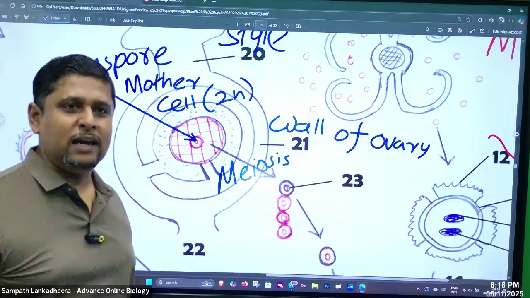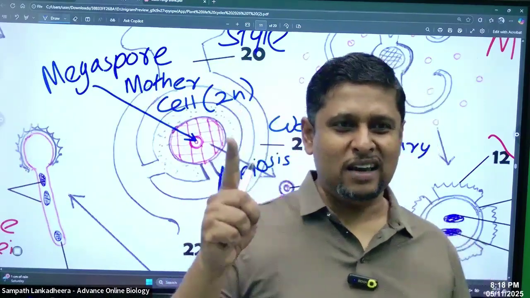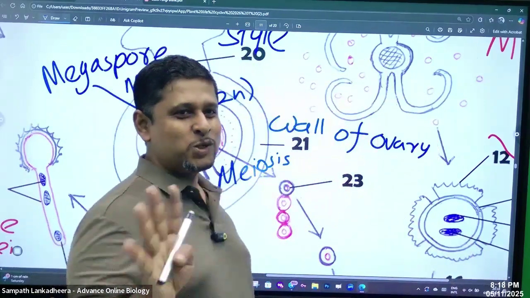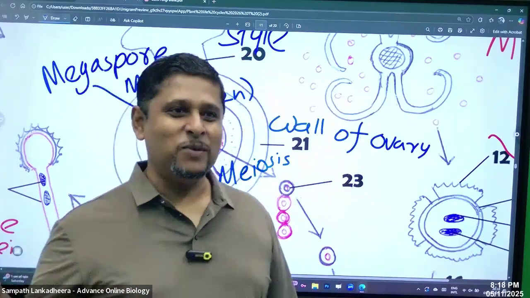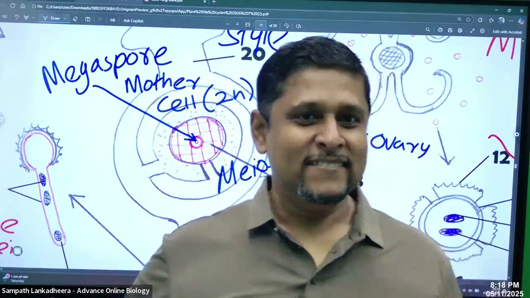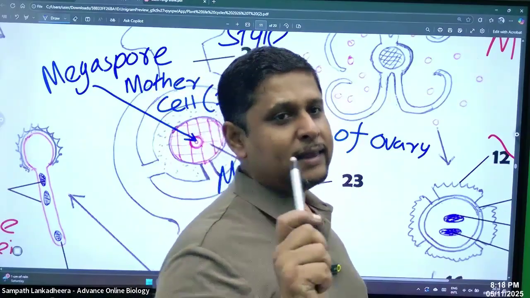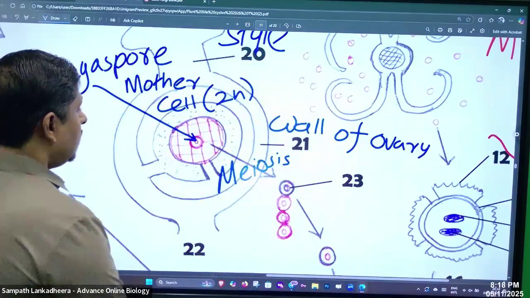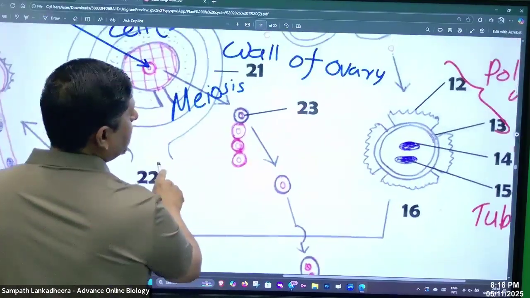Then it forms 4, number 23. What are those 4? Who's going to tell me? Megaspore. I'll take that as megaspore.